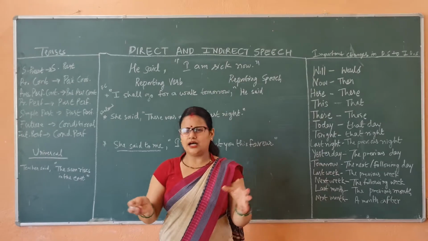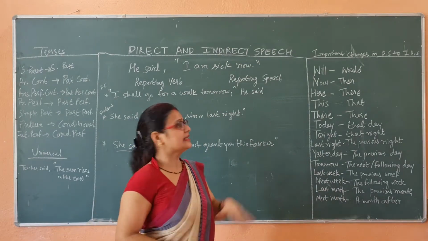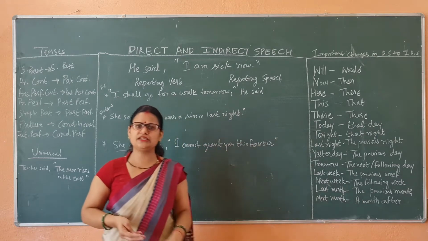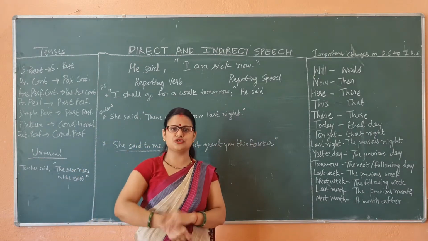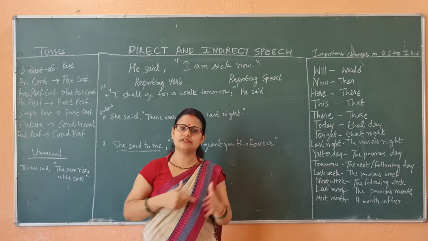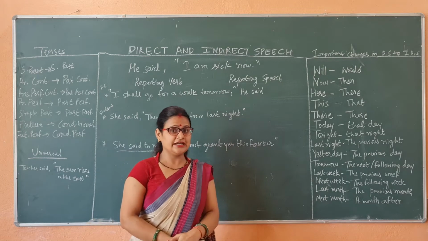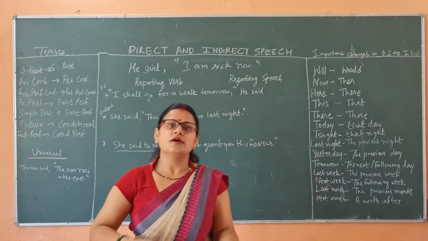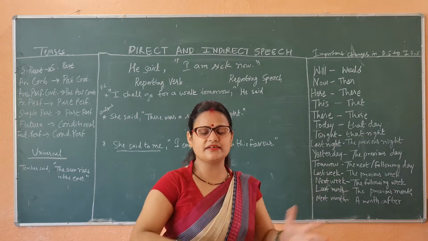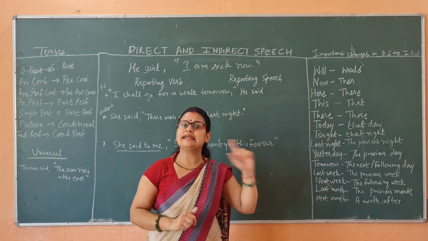Direct speech is a direct conversation: I say everything to you, so I am totally a direct person. But indirect speech means I gossip, I talk behind you or behind someone, or the message is conveyed by me, not by the direct person.